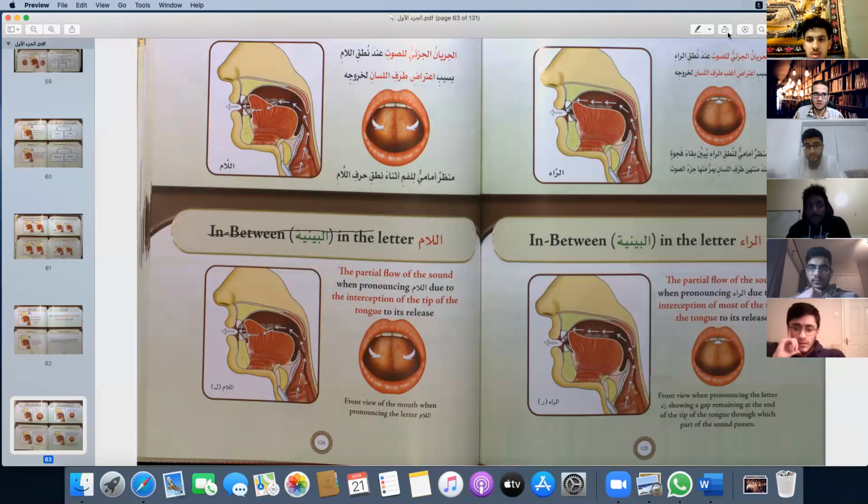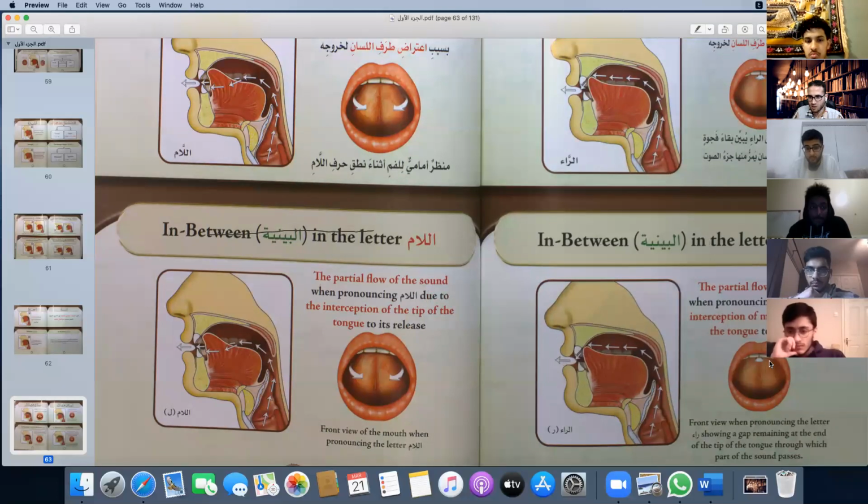Okay, good. So look at this arrow here. I keep this place here open in order to produce the Ra. I say ar, ar. So the sound comes from this part, whereas those two parts are closed.